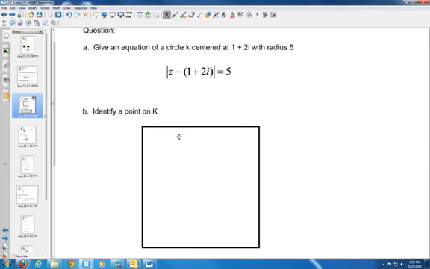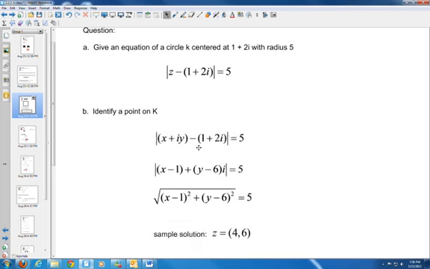Now, what if we want to identify a point on K, K being the circle, of course? Well, then we will be trying to find points x plus iy that satisfy this equation here. Again, for complex numbers we're in the two-dimensional plane, and circles make sense.